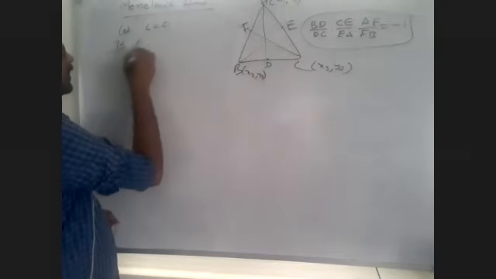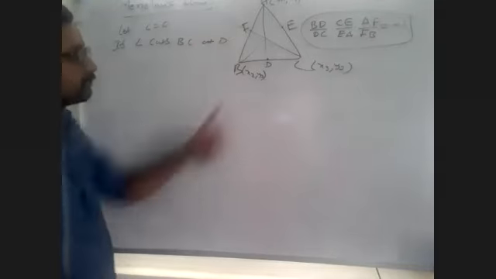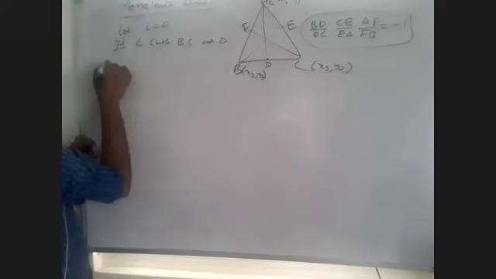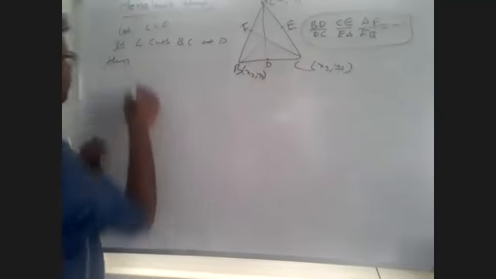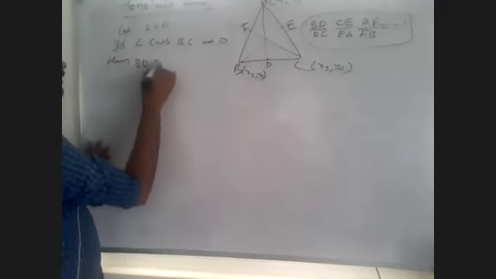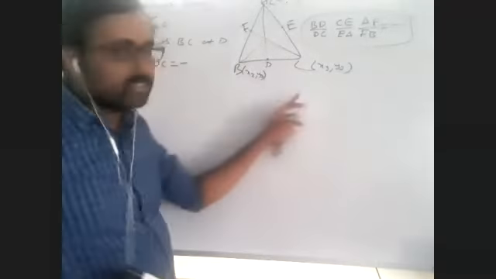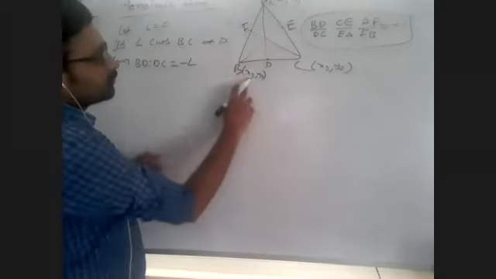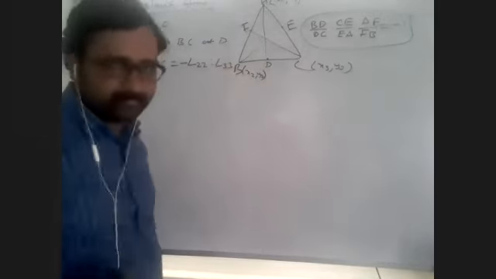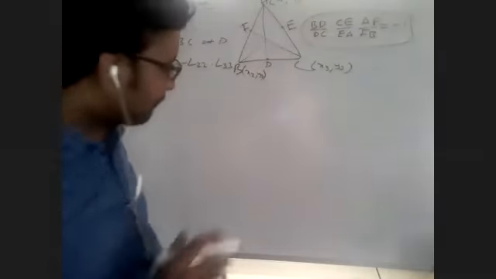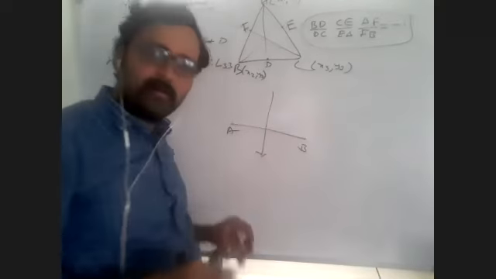If L cuts BC at D, then the ratio BD is to DC is equal to minus L22 is to L33. Understand?